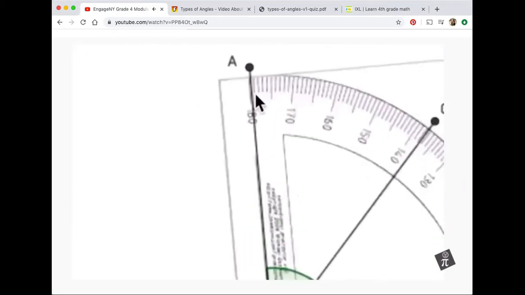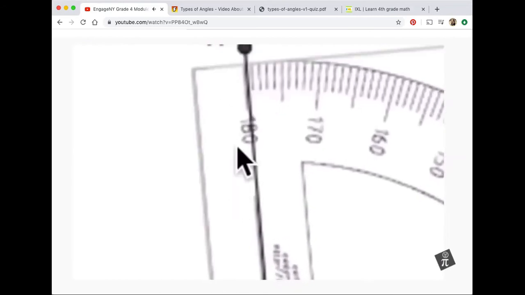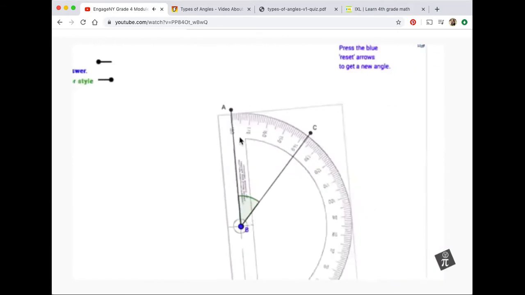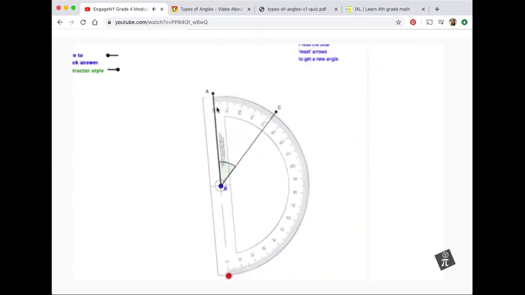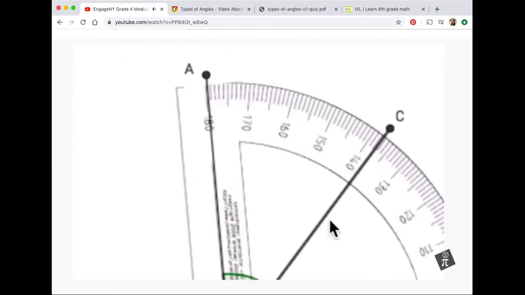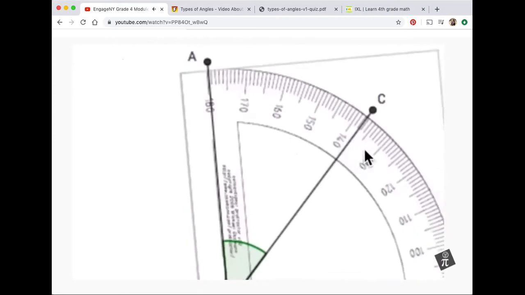So one of the things you'll notice, and I did this on purpose, is this protractor does not have 0 at both ends. It only has 0 at one end, which means when we've lined up this angle onto what we thought was a 0, this angle now is pointing somewhere between 130 and 140 degrees.